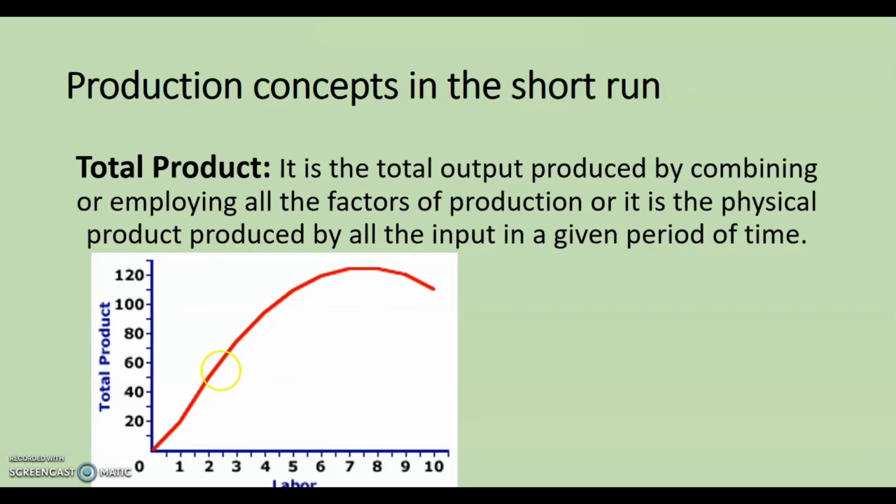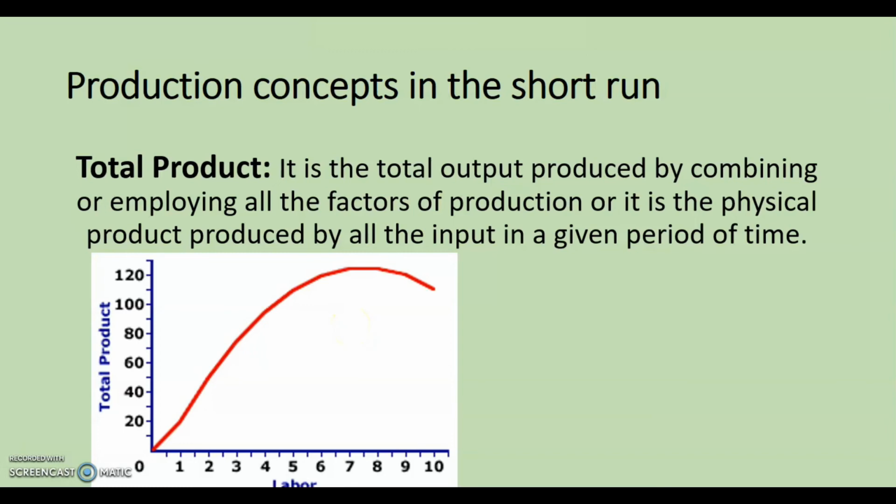Then it gets to a time when the total product will be increasing at a decreasing rate, meaning that it is increasing all right, but the rate at which it's increasing slows down. Then we have the point where the total product attains a maximum, that is the highest total product. Then the total product begins to fall. The total product falls, but it never enters the negative zone. So this is the graphical representation of the total product.